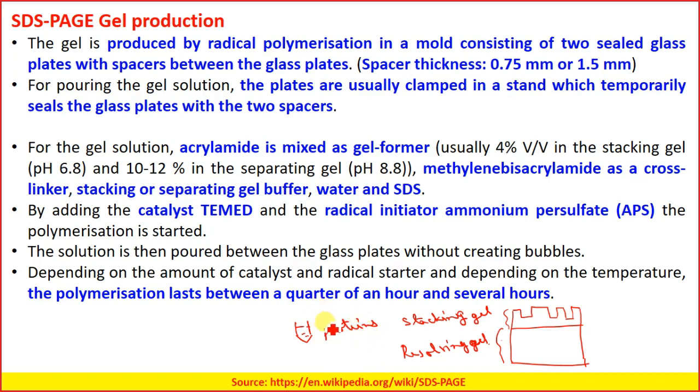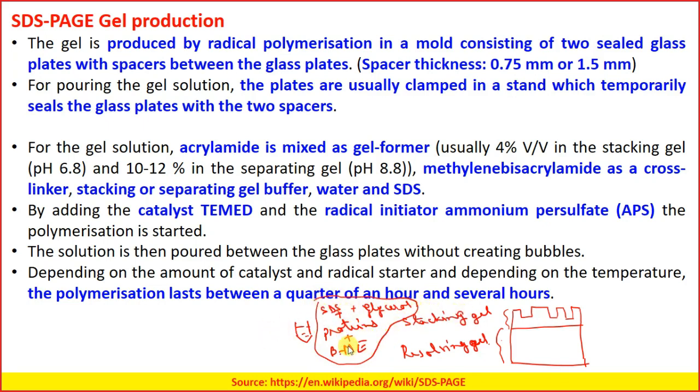So we have protein samples of different molecular weights and sizes, and to this we add beta mercaptoethanol or any other reducing agent, beta ME, I am writing it down. We add SDS, and we add glycerol. This is a typical composition for sample preparation.